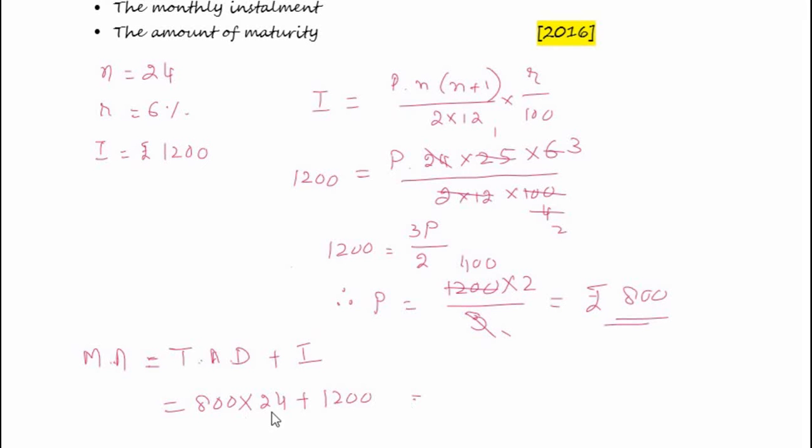So 24 into 800, 0, 0, 8, 4, 32, 16, 19. 19,200 is the total amount deposited, plus the interest received is 1,200. So the total maturity amount is 20,400 rupees.